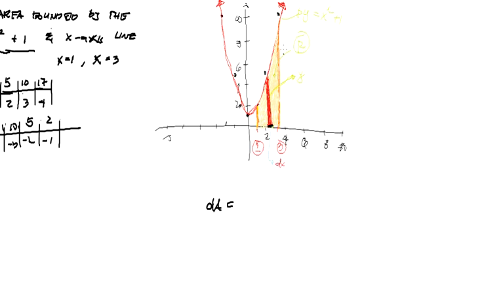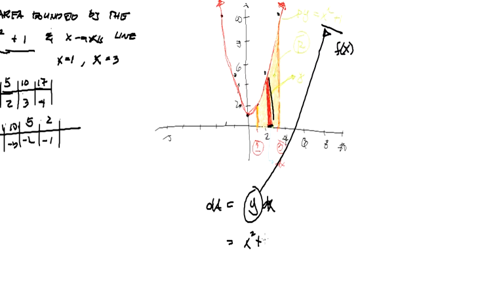We have the dx, and then our length here, which is our y. So we have y dx, wherein our y in terms of a function of x is equal to x squared plus 1, then our dx, and this is our dA.